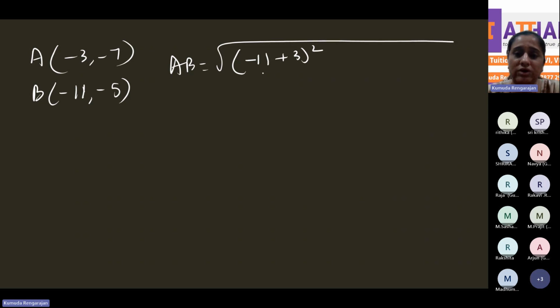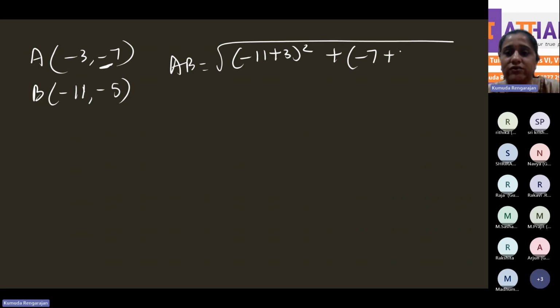Please write this directly. X2 minus x1, minus -3, so -3 is plus 3, the whole square, plus, if you want to write this one first, -7 minus -5. So -5 is plus 5, so plus 5, the whole square. Please write this step directly.